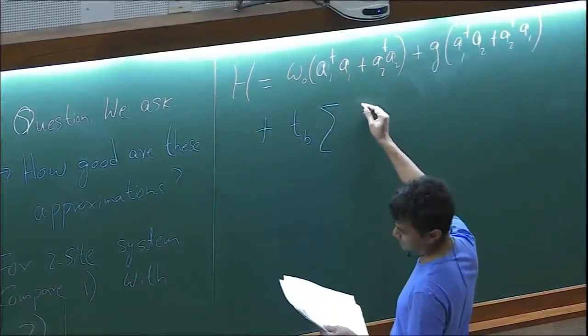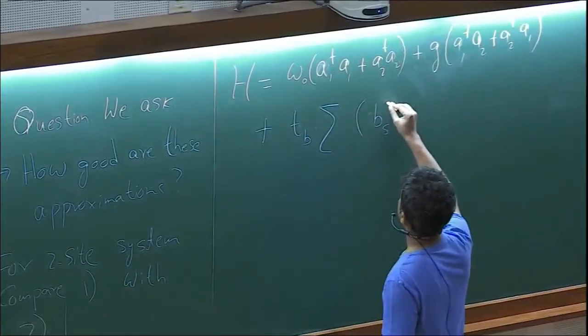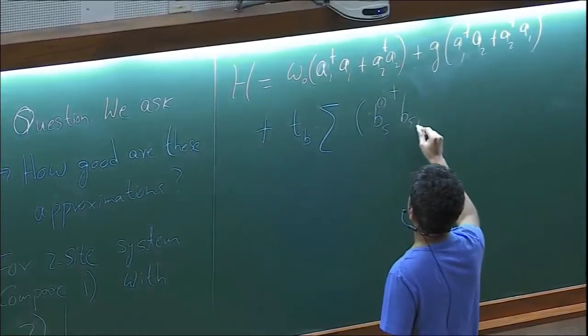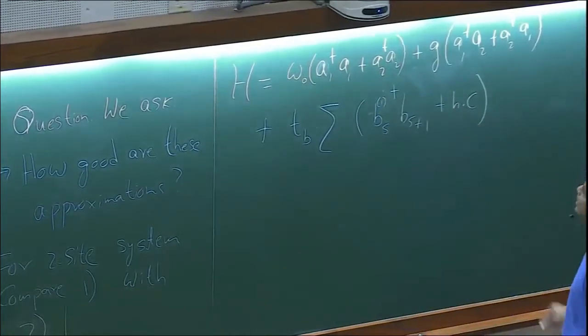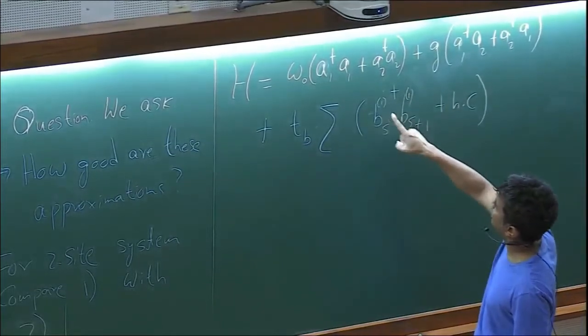And so I write it as, plus Hermitian conjugate. So this index is for bath 1.